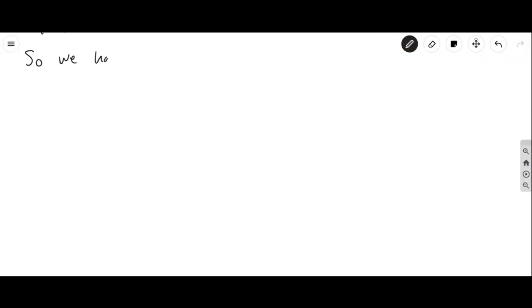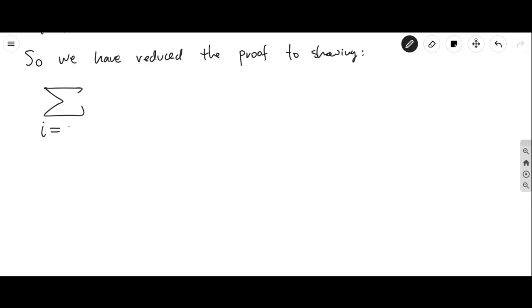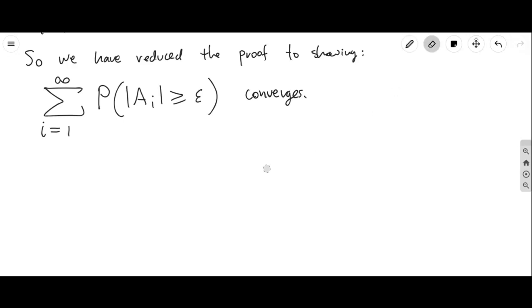So we have reduced the proof again. We have kept on reducing this proof many times to showing that the following sum converges, where epsilon is an arbitrary positive rational number.